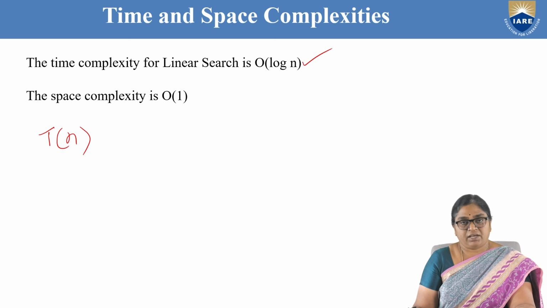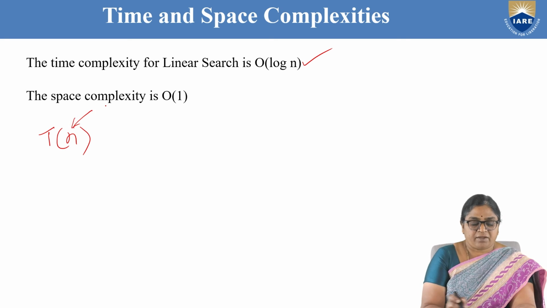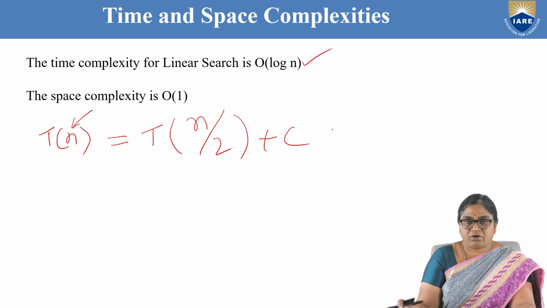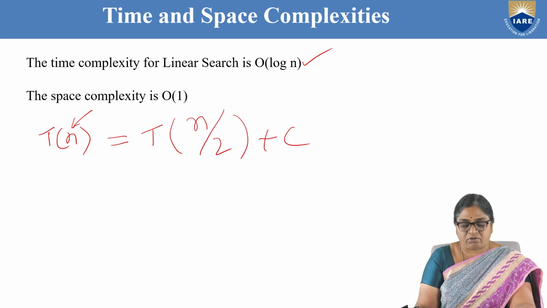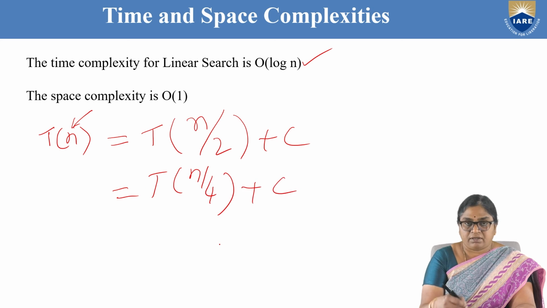To check whether an element is present in a given list of size n, the time taken to search an element in a list of size n is equivalent to the time taken to search an element in half of the list, plus some constant time to calculate the middle value and all. So this is equivalent to T of n by 4, again half, again some constant time, and so on, down to T of 1.